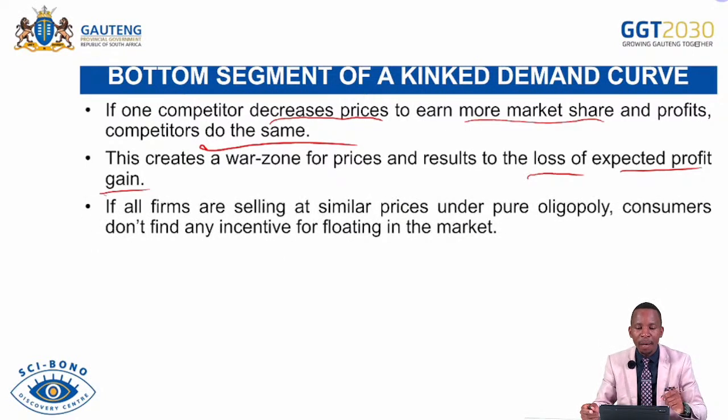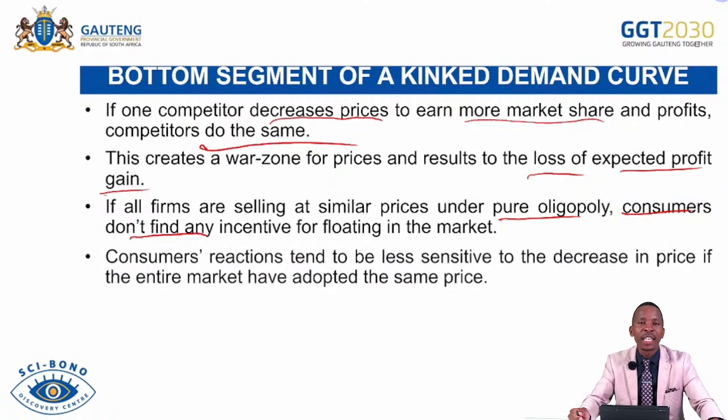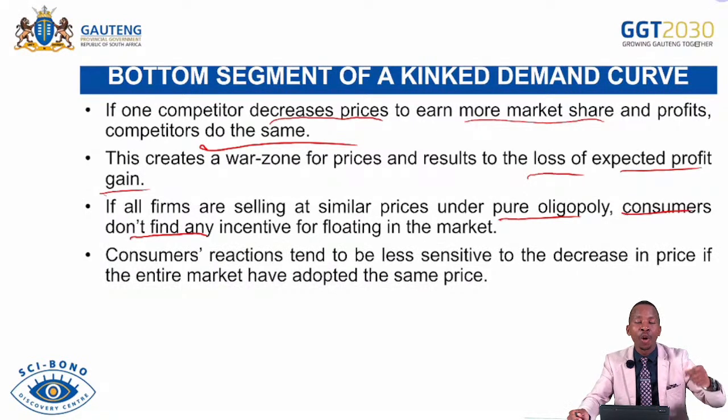Or if all firms are selling at a similar price under pure oligopoly, consumers do not find any incentive of moving to another competitor. As a result, what happens? Consumers tend to be less sensitive to the decrease in price if all firms are selling at the lower and same price. Then that will be creating our lower segment or bottom segment of the kinked demand curve.